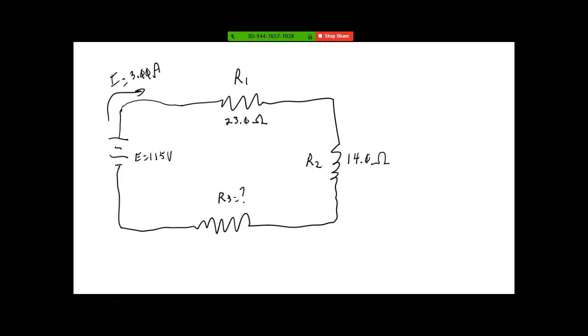Whose law might you use? I think that's a pretty easy question. Ohm's law. Now, since we're looking for a resistor and we know voltage and current, how would you express Ohm's law for this problem?